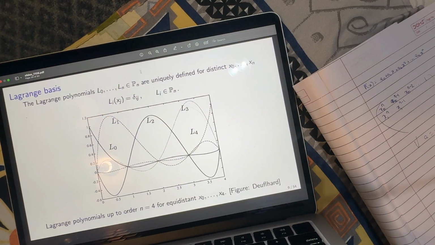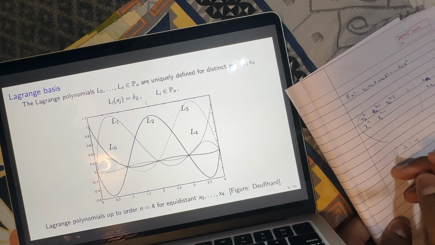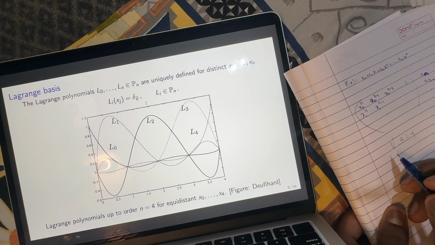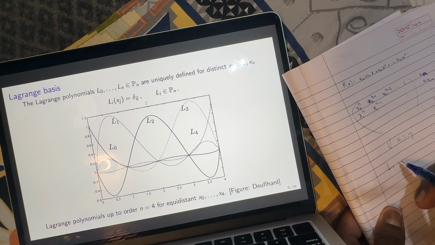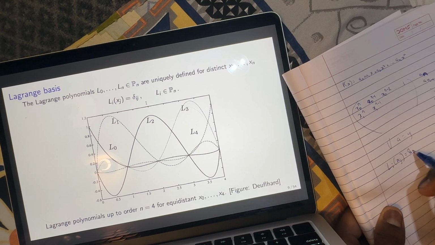So Lagrange polynomials are uniquely defined for distinct x0 to xn. They are defined by Li(xj) is delta ij.